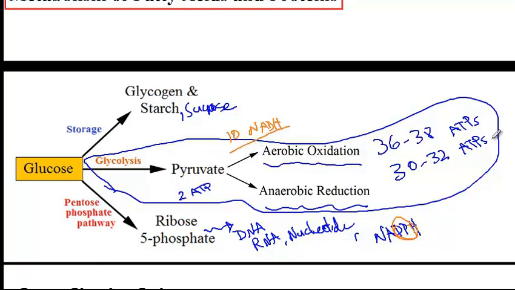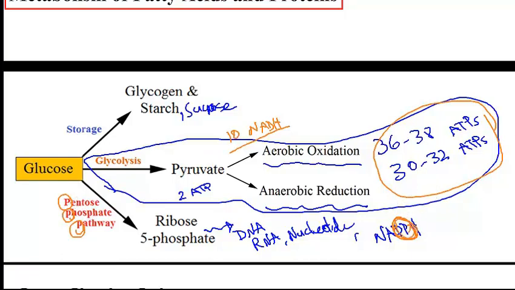NADH is used for energy production or ATP production, while NADPH is used for different biosynthetic pathways. So that's one point I'd like you to pay attention to. And if you'd like to remember, the pentose phosphate pathway is associated with production of NADPH.